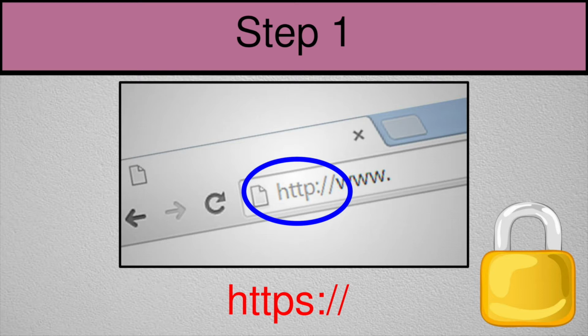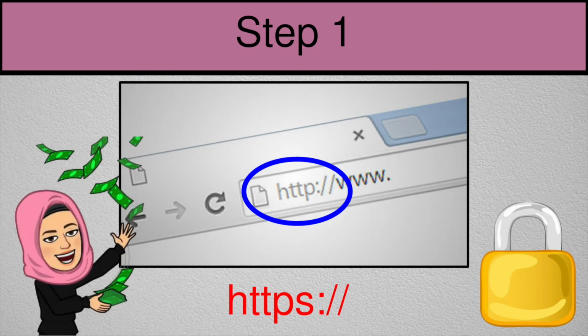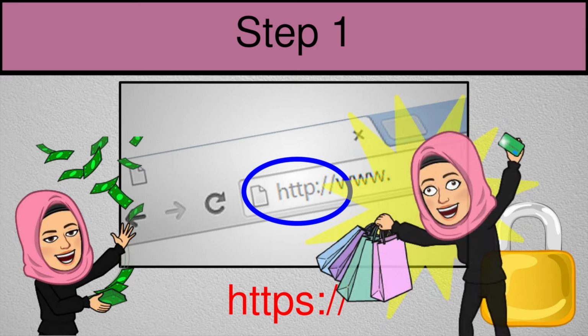So the sites that usually use this are banking sites, to keep your banking details and any banking activity secure, or shopping sites. So whenever you enter your banking information, all of that is encrypted to ensure that your data is protected.